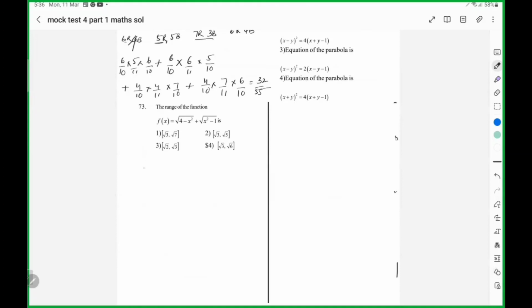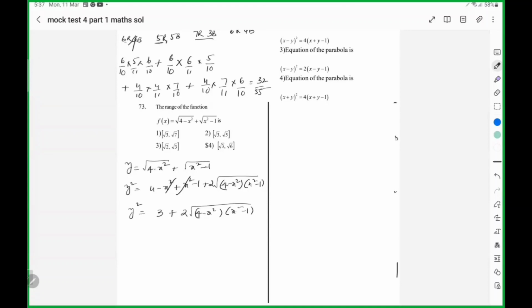Here root of 4 minus x square plus root x square minus 1. Assume it as y. Here you'll have 3 plus 2 root 4 minus x square into x square minus 1. So the root function is always greater than 0.